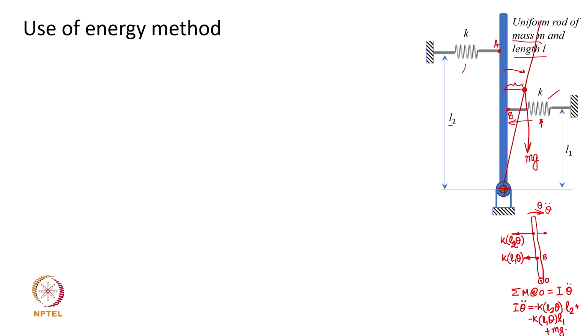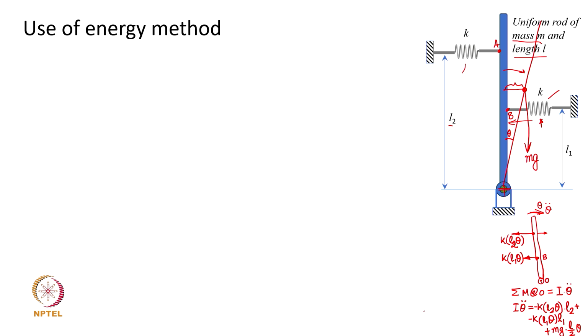This is the distance at which the mg force is going to generate a moment. That distance is L by 2, because L is the total length of the bar, L by 2 times sin theta. This sin theta I can approximate as theta for small angular displacement, and this is why we always have to use the assumption of small amplitude vibration, so that these equations are valid.